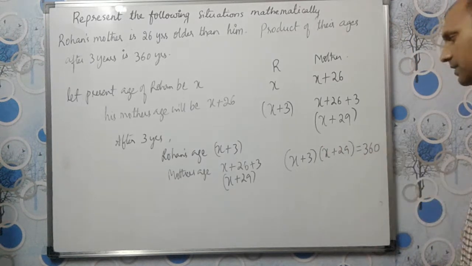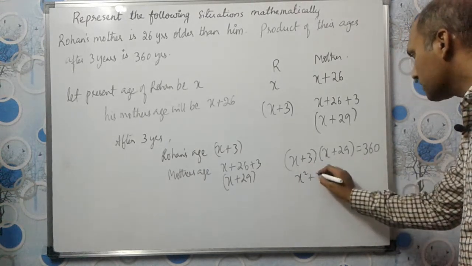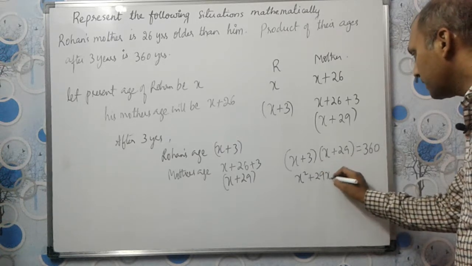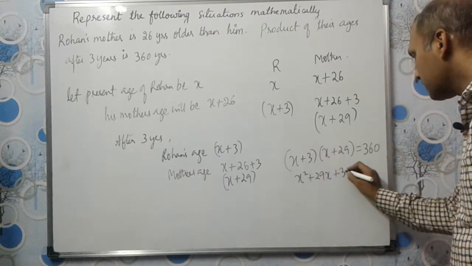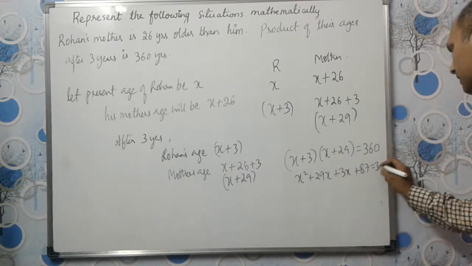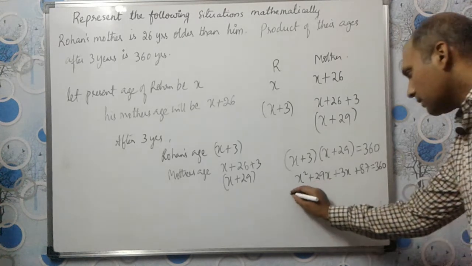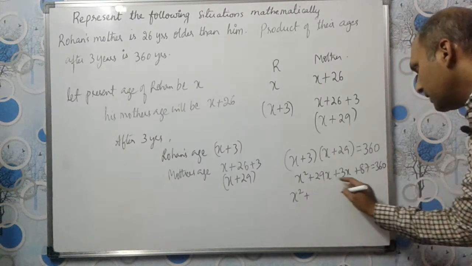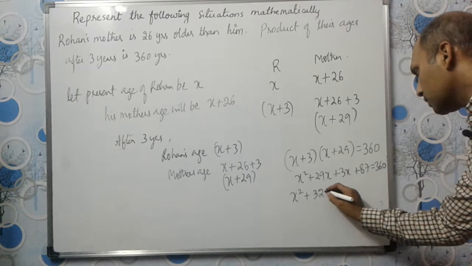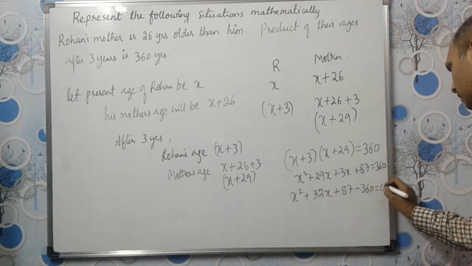x into x is x square, x into 29 is 29x, plus 3 into x is 3x, plus 3 into 29 gives us 87, equal to 360. Now, x square plus 29x and 3x gives us 32x, plus 87 minus 360 equals 0.